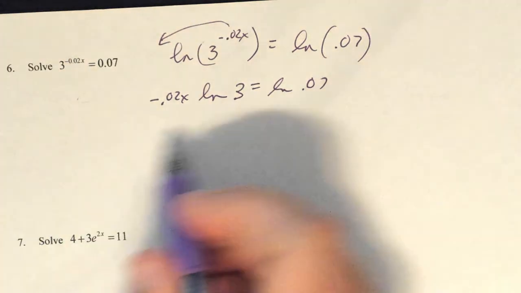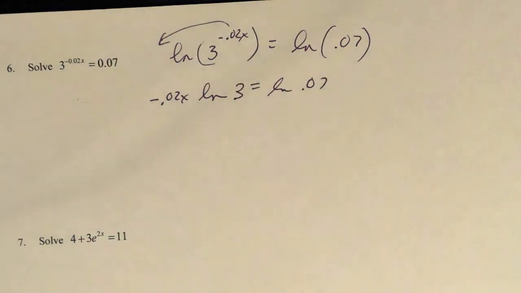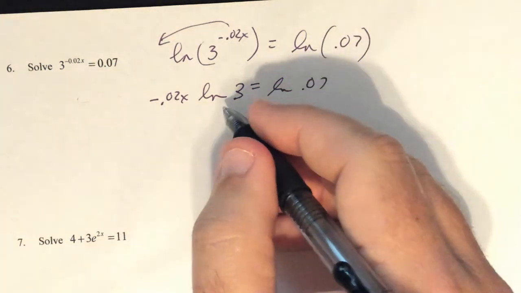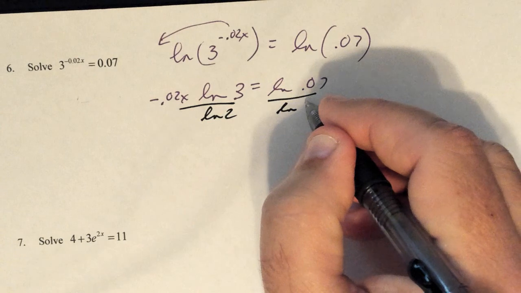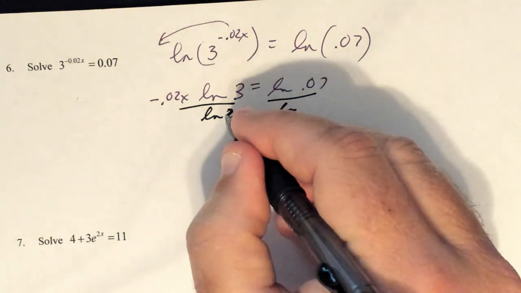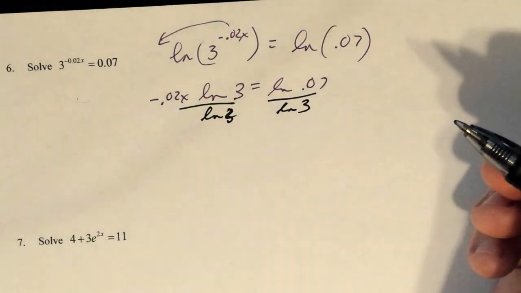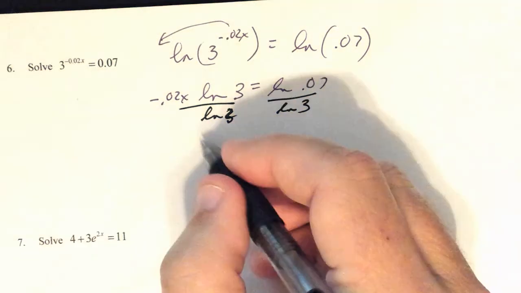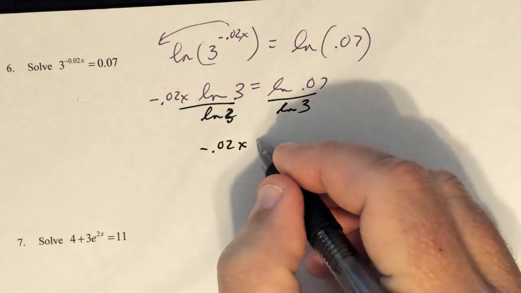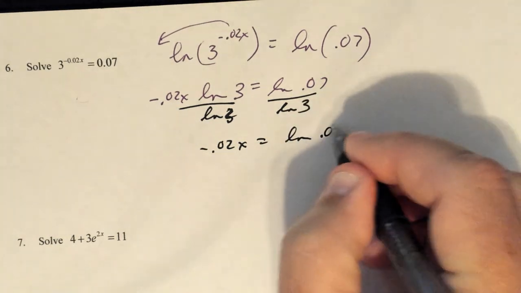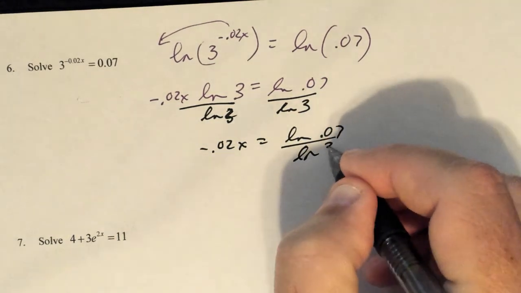Alright, so now we're going to do like we did before. We're going to divide both sides by natural log of 2, or natural log of 3, sorry, that's a 3 there. So we go natural log of 3. So now we have negative 0.02x is equal to the natural log of 0.07 over the natural log of 3.